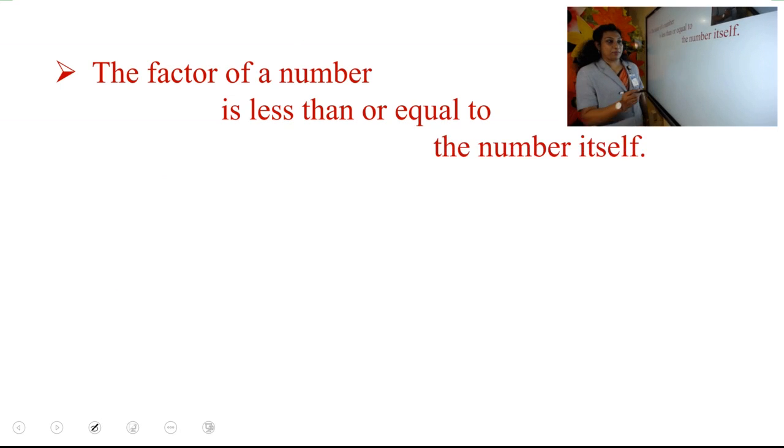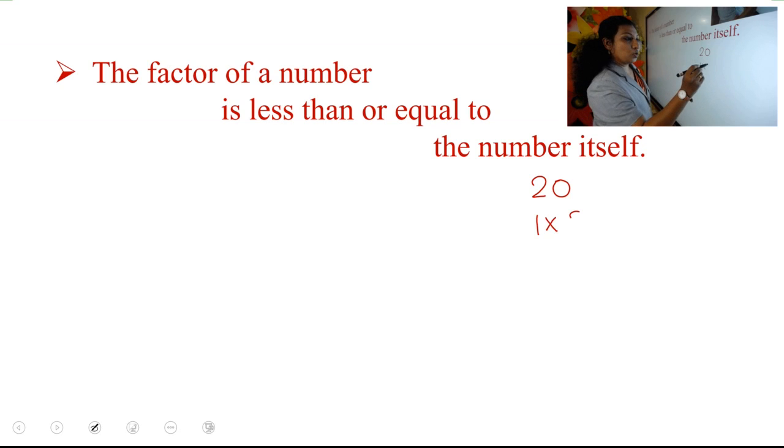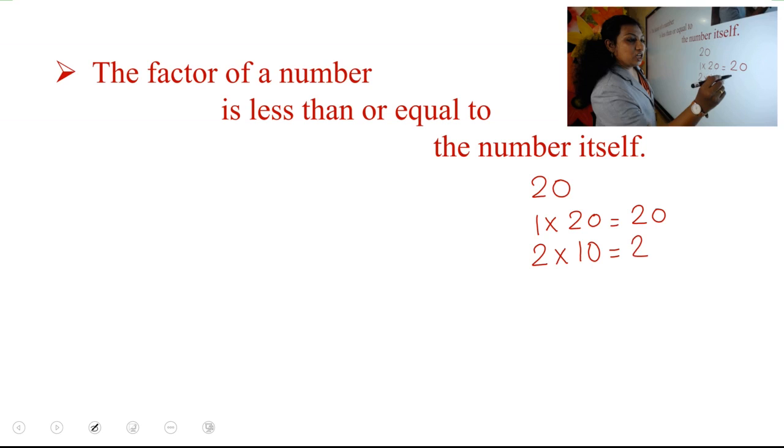So, let's see an example. What will be the factors of 20? First we will write all the multiplication tables where we will get the product as 20. So, 1 into 20, 20. Table of 2, 2 into 10 gives 20.